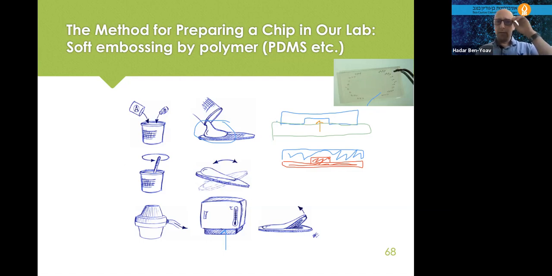We pour, it's called soft lithography, polydimethylsiloxane, PDMS, and we put it in the oven, let it cure, be solidified, and then we just peel it off and stick it to a glass, making the channel structure.